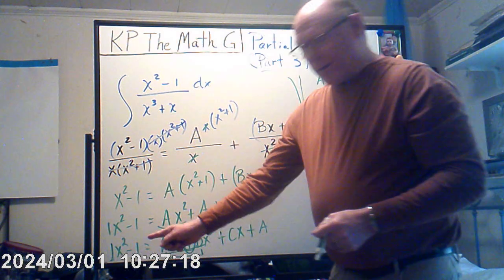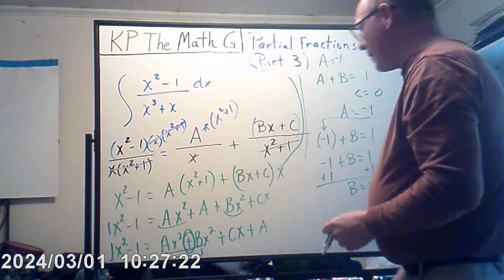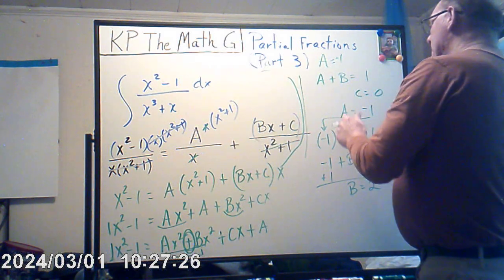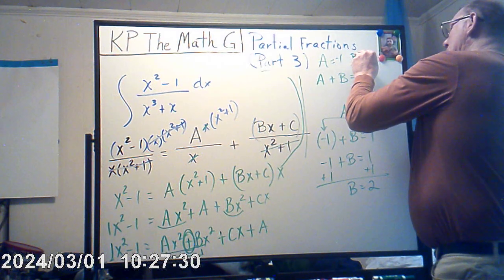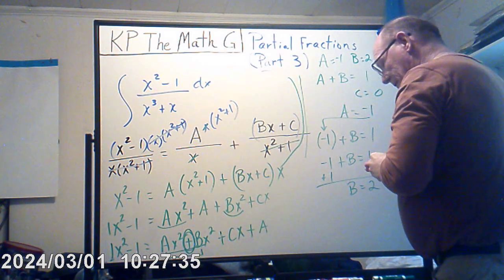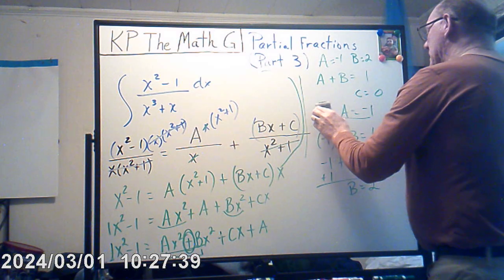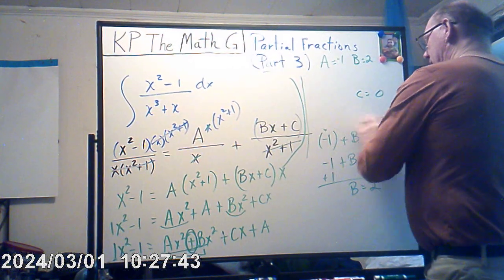And A plus B is associated with x squared, and 1 is associated with x squared. That's that system of equations. So A is -1, B is 2, and C is 0.